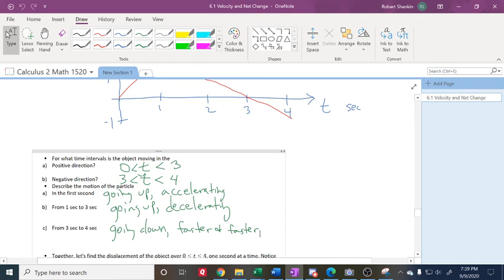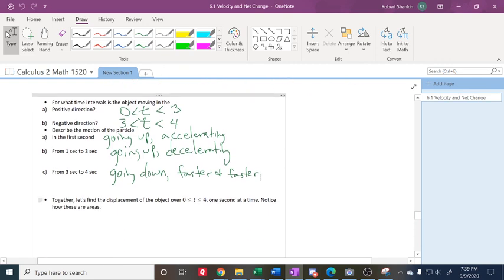All right, so together, let's find the displacement of the object from 0 to 4, 1 second at a time. And we'll notice how we're going to get areas when we do this.